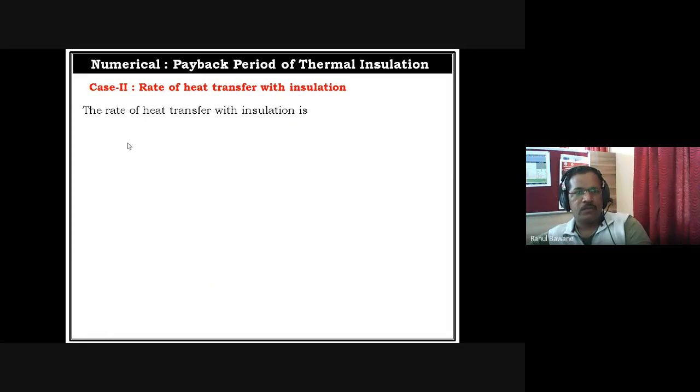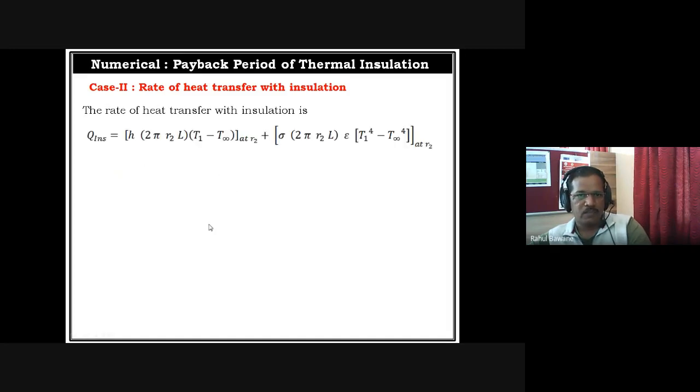So now I will calculate the heat loss from that particular pipe when insulation is provided. So now Q when insulation is there. So convection part: h, surface area, outer surface area of insulation, so 2 pi R2 L. Now temperature difference is the surface temperature of insulation T1 minus T infinity.